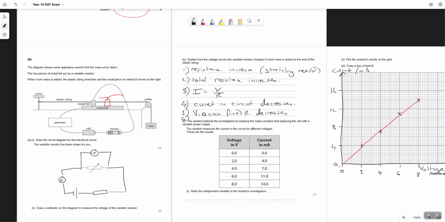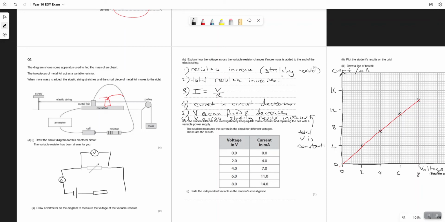And because the voltage across the fixed resistance has decreased, therefore the V across the stretchy resistor increases, because total V is constant.